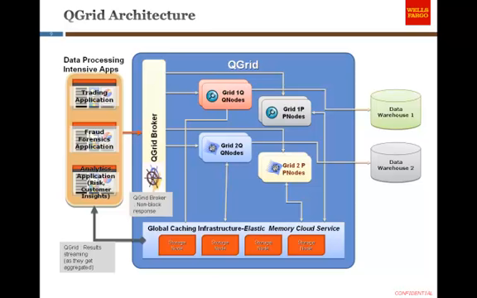Any application which needs, either temporarily or for a reasonably long period of time, a shared infrastructure, which typically they could get on a public cloud like Amazon, but because of your corporate security policy, you can't take your data over and process it. So we have QGrid to do that. That was the original intent.